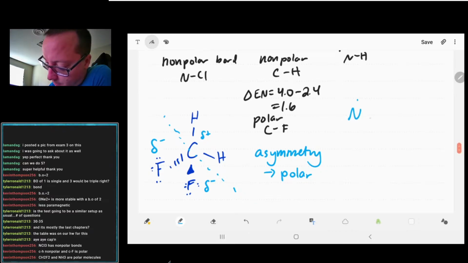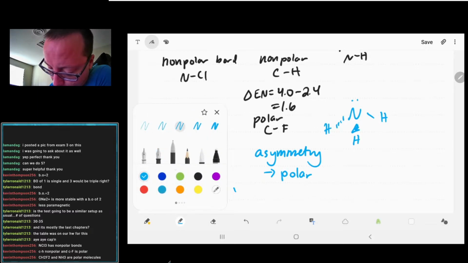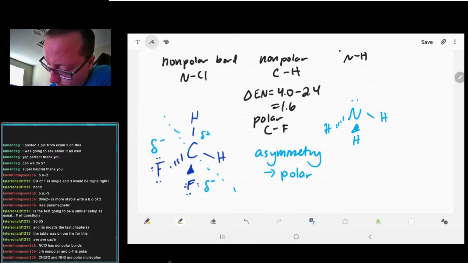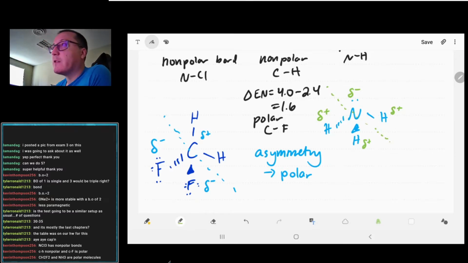If we draw ammonia, we're going to see the same thing. If we kind of like cut this in half, we see we have some asymmetry there.